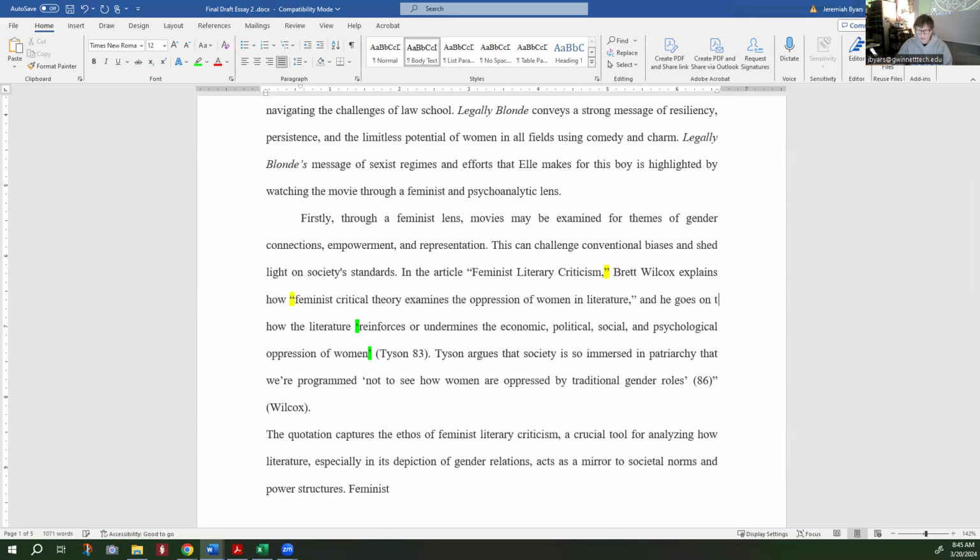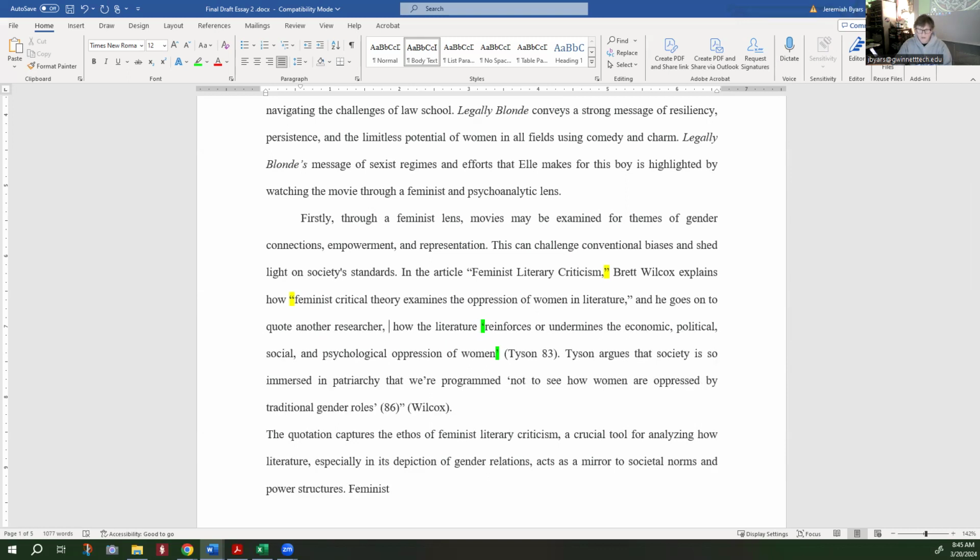And he goes on to quote another researcher when explaining how the theory reinforces or undermines the economic, political, social, psychological oppression of women.